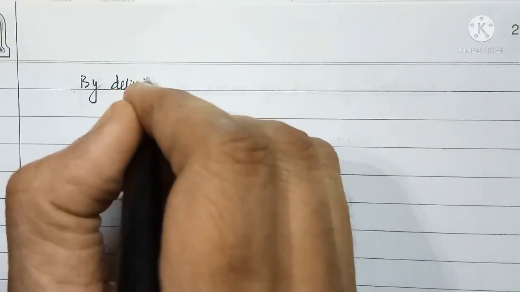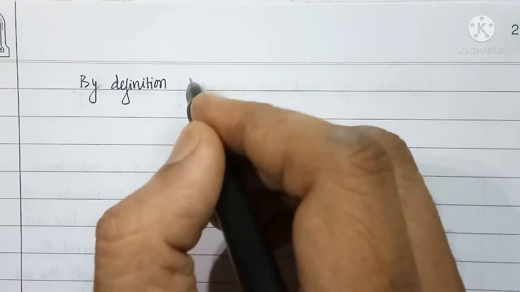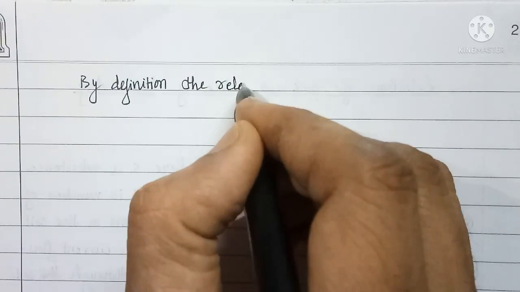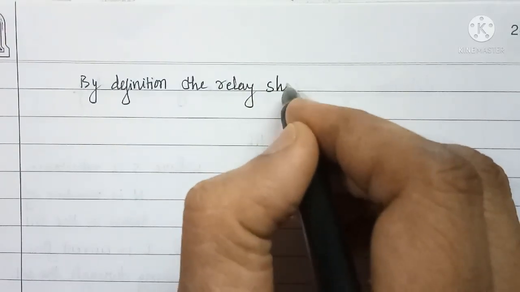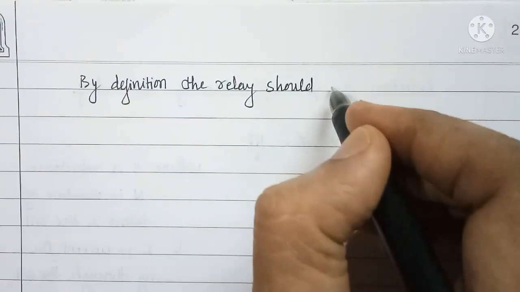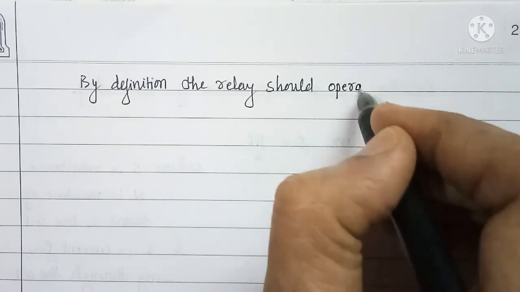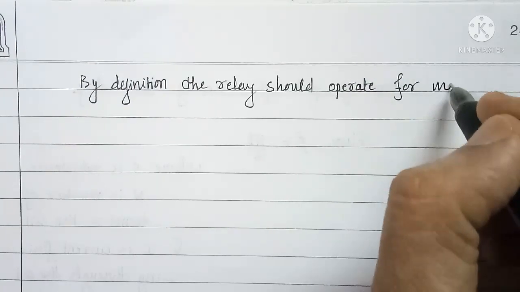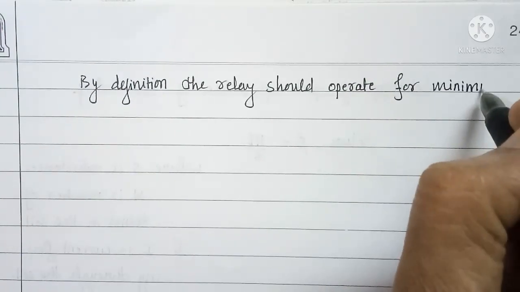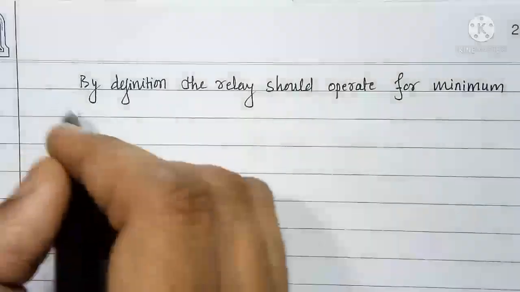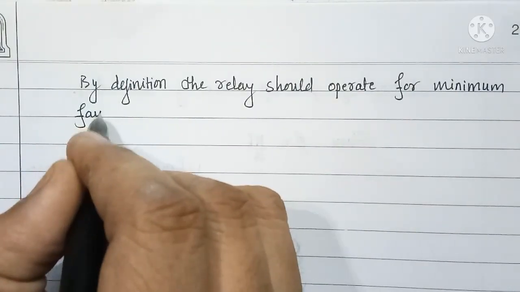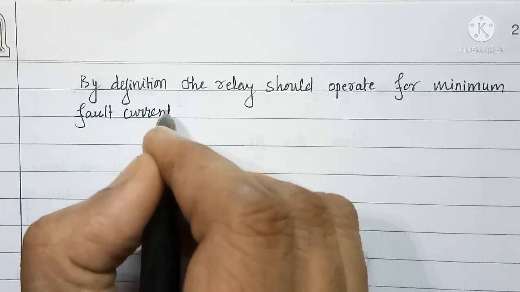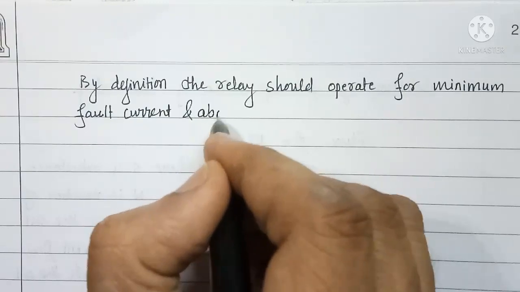By definition, the relay should operate for minimum fault current and above it.